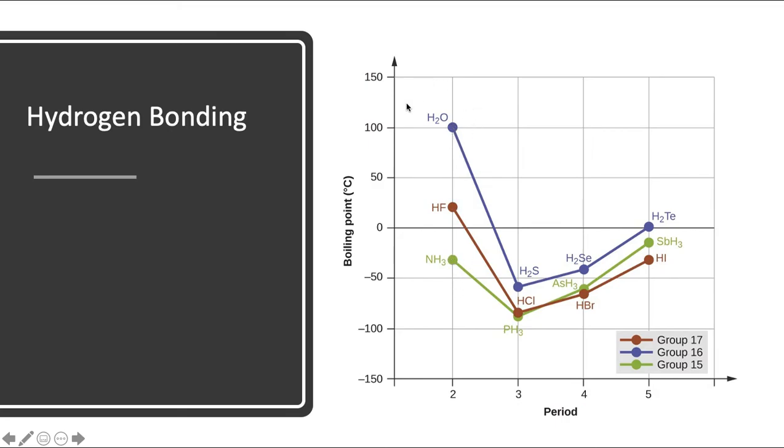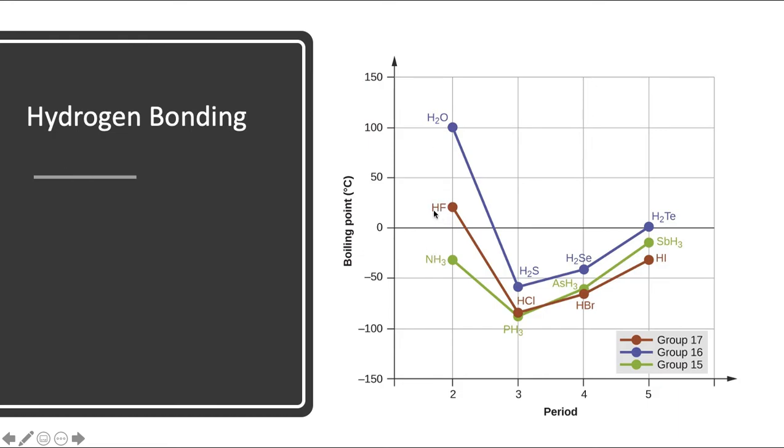So these anomalies led the scientists to figure out that there was something else going on with these molecules, a different type of bonding that increased the intermolecular forces so much to increase the boiling point. And this is why we see that for these three molecules, so these three types of bonds, in water, we have oxygen that is bonded directly to two hydrogens, so it can hydrogen bond in two places.